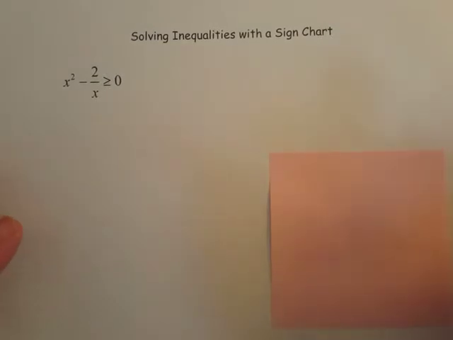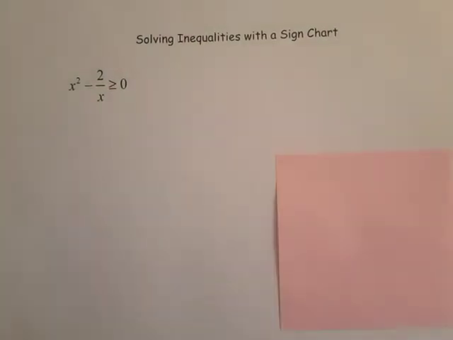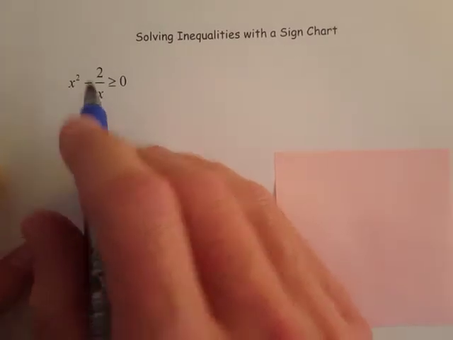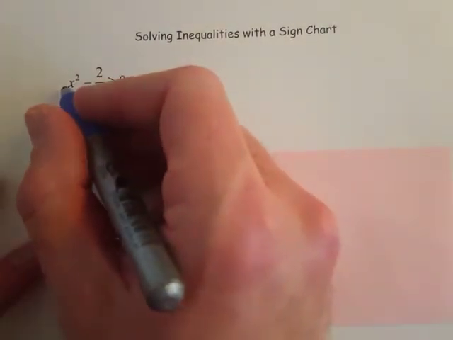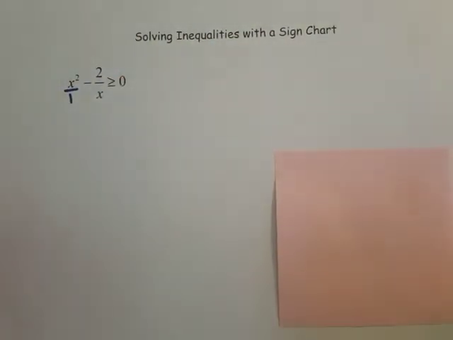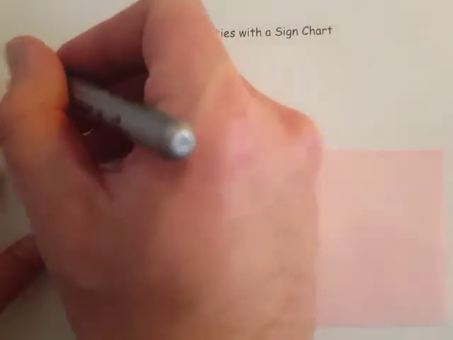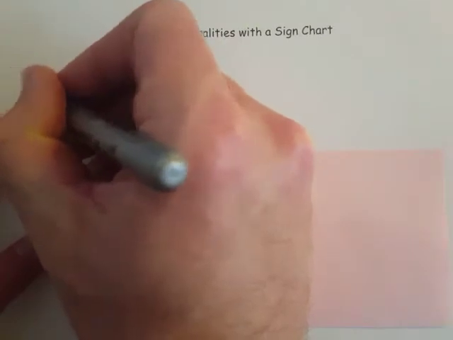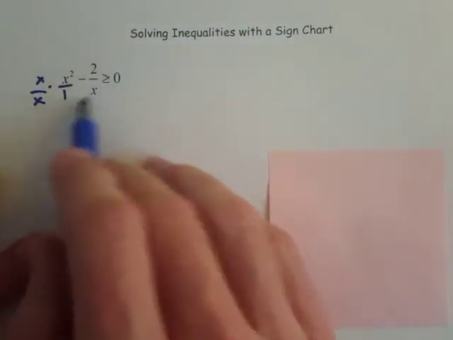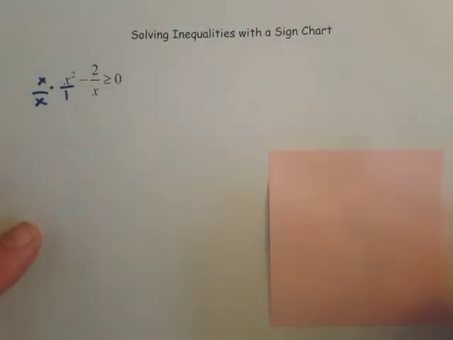We want to subtract fractions, which is the same as adding fractions, which means that we're going to need a common denominator. So thinking about the denominator here of x, if we want to add that to x squared, remember that x squared could be represented as x squared over 1. And then we would need to multiply both top and bottom by x in order to have common denominators.